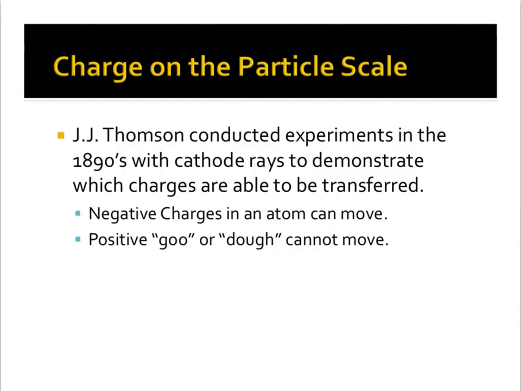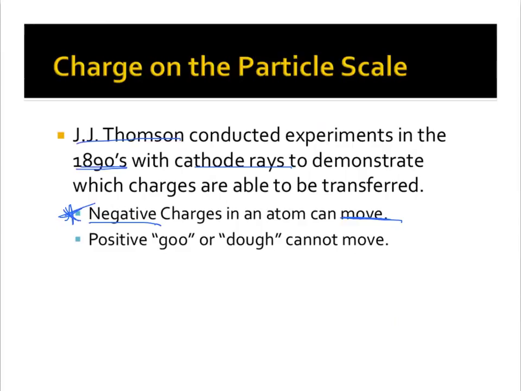Okay, so let's learn a little bit about the guy. J.J. Thomson did these experiments in the 1890s using a cathode ray, and what he found was that negative charges were the ones that can move around in an atom, and this is kind of like our key important idea here.